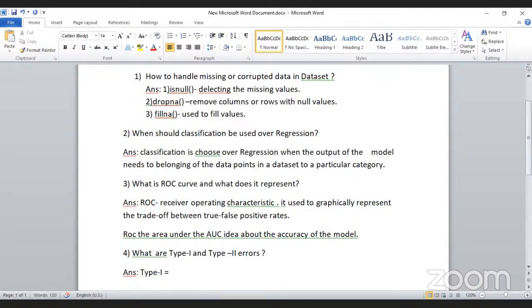Correct. Type 1 error is false positive.